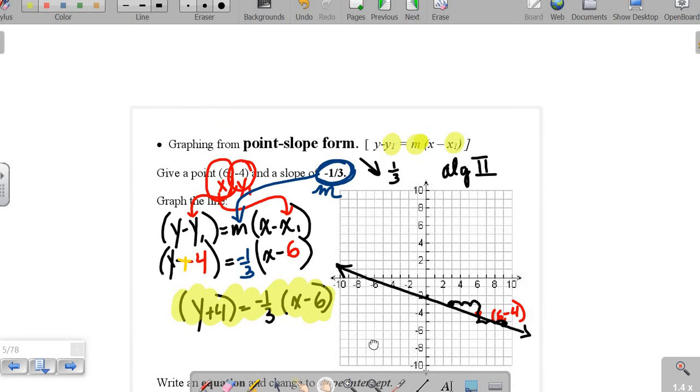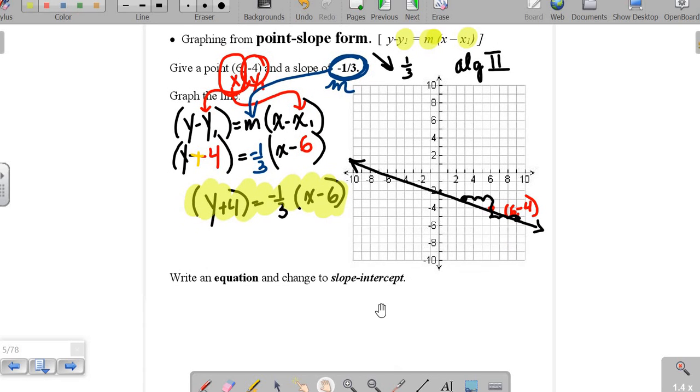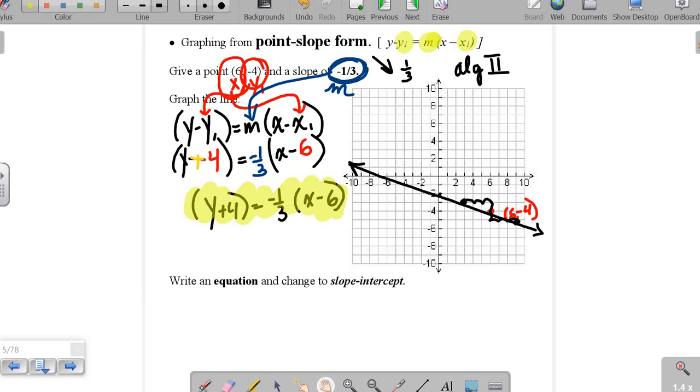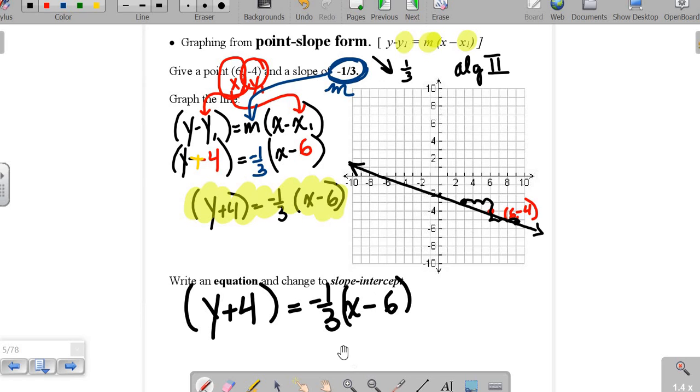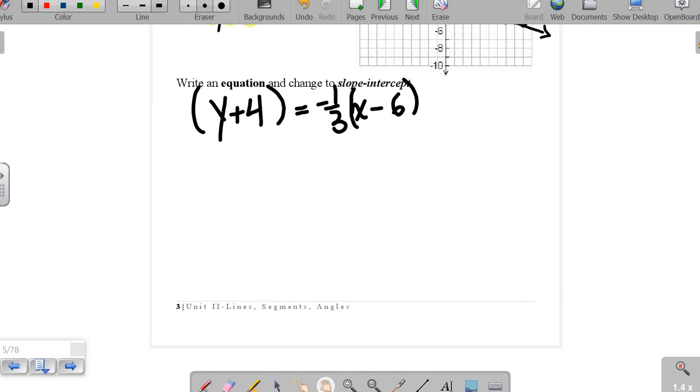But to show you how it's related to what you're more familiar with, we're going to convert this to y equals mx plus b. So coming down here, we distribute.